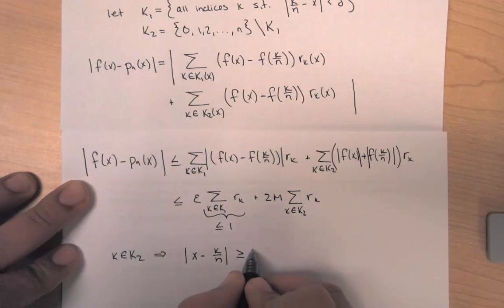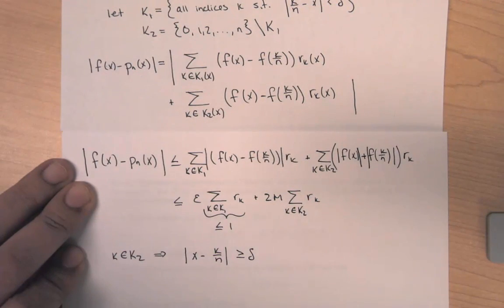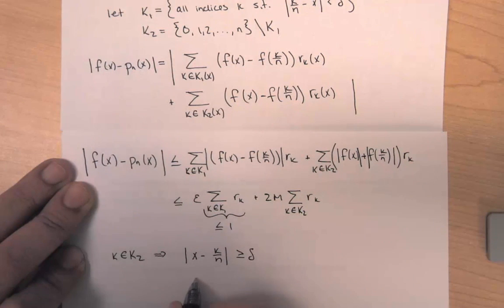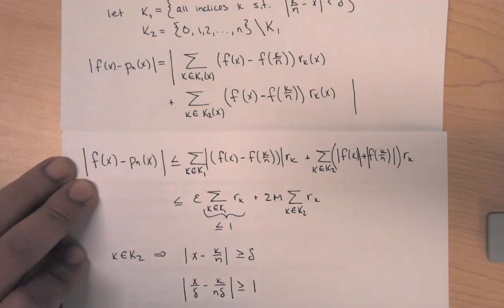In other words, it is greater than or equal to delta. If I divide both sides by delta, I get |x/delta minus k/(n delta)| is greater than or equal to 1.